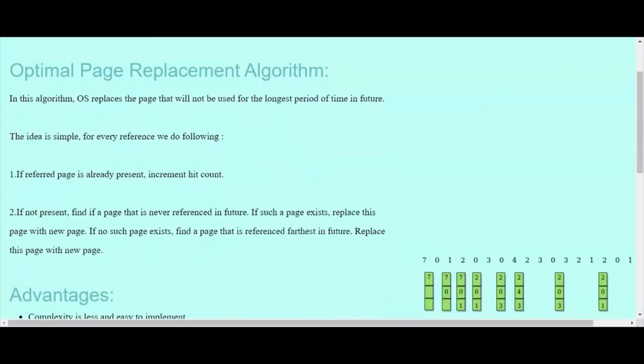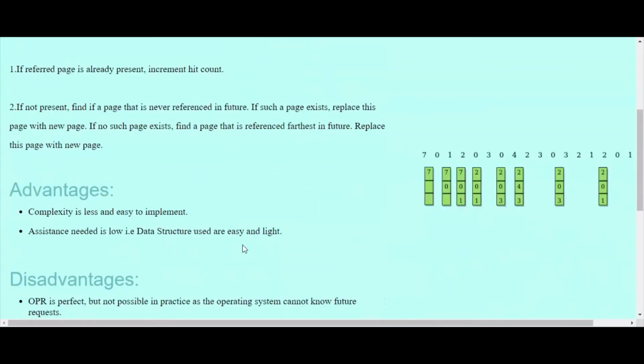If the referred page is already present, increment the hit, and if not present, find if a page is never referenced in the future. If such a page exists, replace it with the new page, and if no such page exists, then find a page that is referred farthest in future and replace that page.